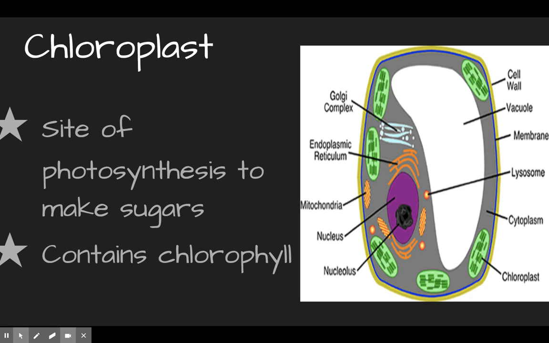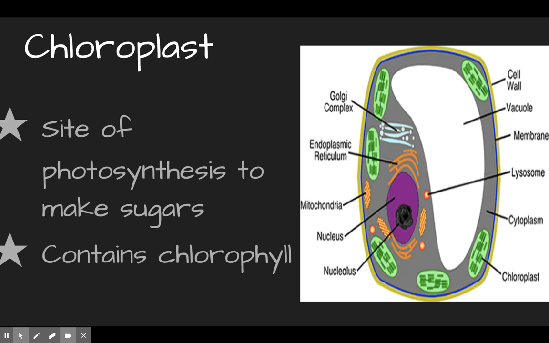Okay, chloroplast. This is something else that is specific to a plant cell. It is not found in an animal cell. It is only found in a plant cell. This is the site of photosynthesis to make sugars. When the time comes this year, we are going to know the process of photosynthesis in detail. Same with cellular respiration. Those two are going to go hand in hand.